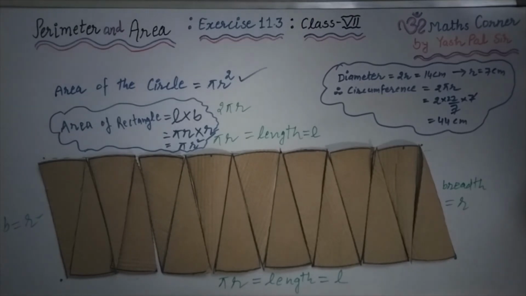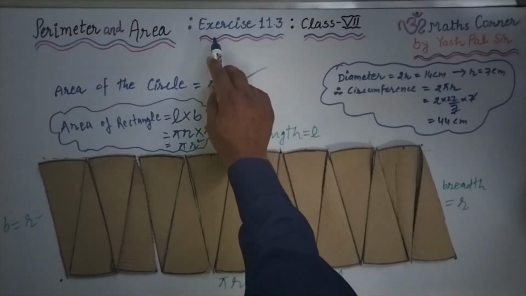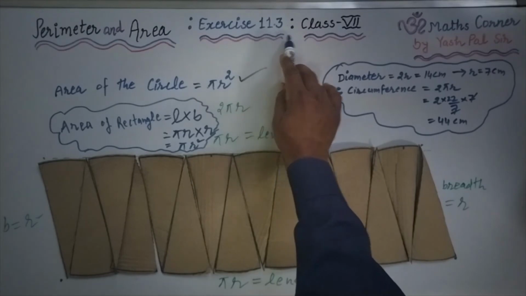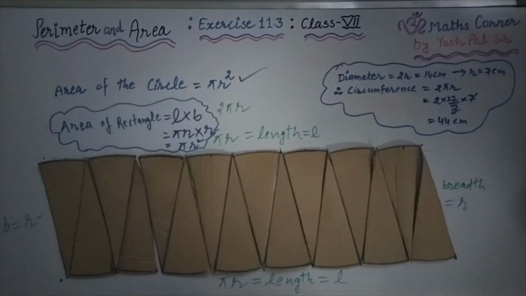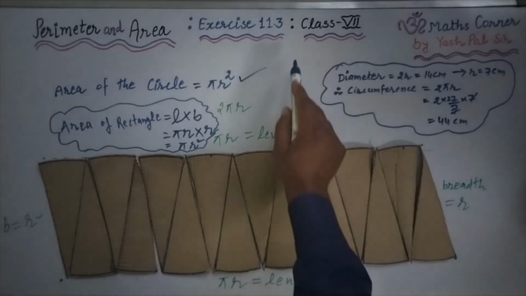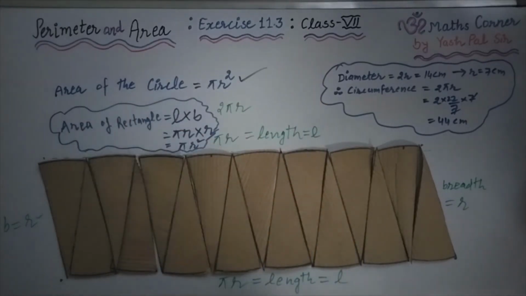Hello everyone. Today we are going to start exercise 11.3, class 7 students. Perimeter and Area is the name of the chapter. In this exercise, we shall discuss questions related to the area of the circle.